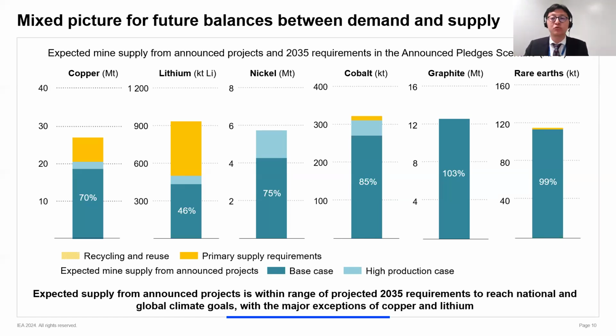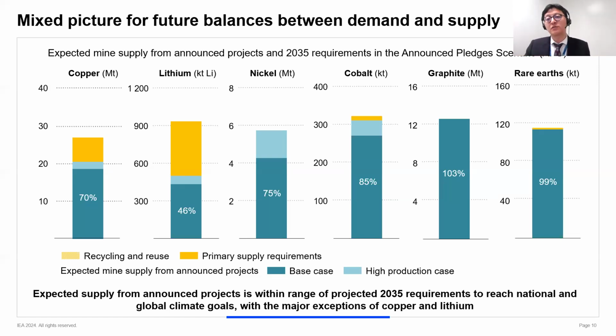There are some ways to close these gaps, but the aim of this analysis is to show, based on today's announced projects and today's market status, where we are heading in terms of future demand and supply balances, to underpin where more effort from industry and policymakers is needed to close these gaps.